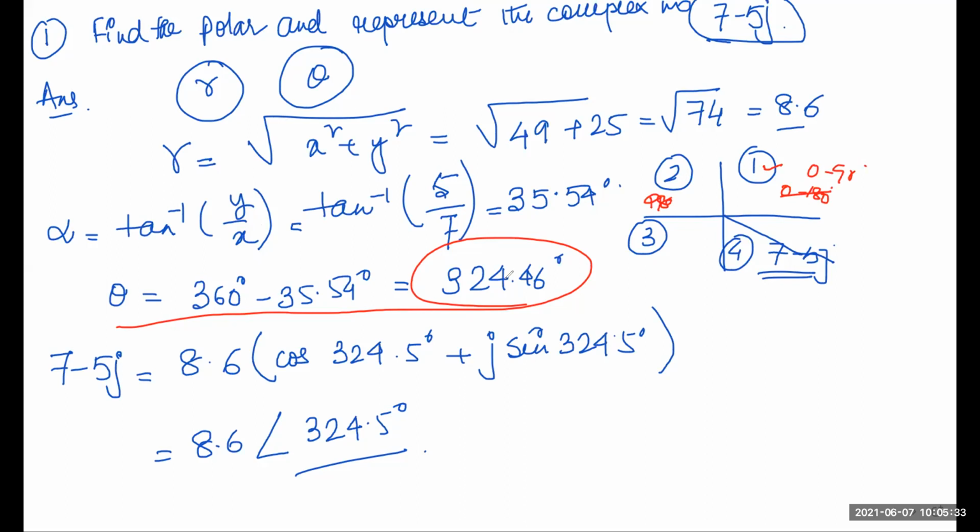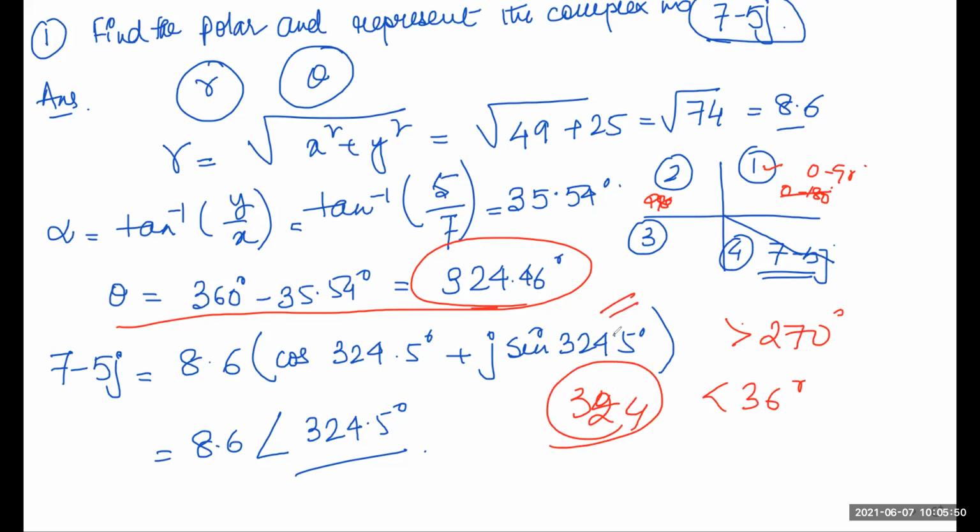So this 324 is exceeding 270, so it is in the range greater than 270 but less than 360. So it will fall in the fourth quadrant, right?